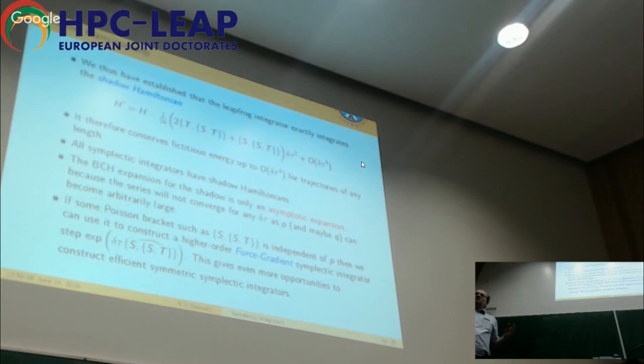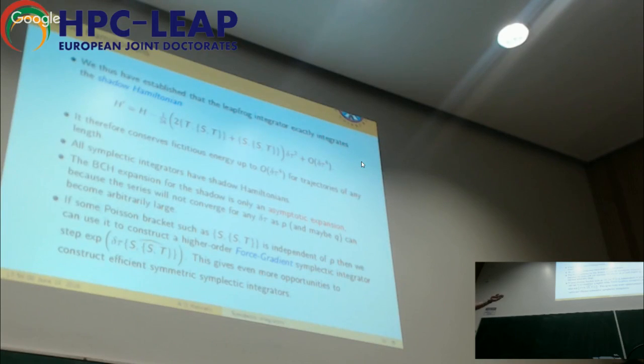If you look at the Poisson brackets, you'll find that some of them, like the Poisson bracket of S and T in this simple case, are actually independent of P. This is not generally true, because I chose T to be quadratic in P. The Poisson bracket of S and T is linear in P, and therefore the double Poisson bracket doesn't depend on P at all, just on Q. This needn't be the case in general, only for this particular choice of quadratic kinetic energy in flat space.